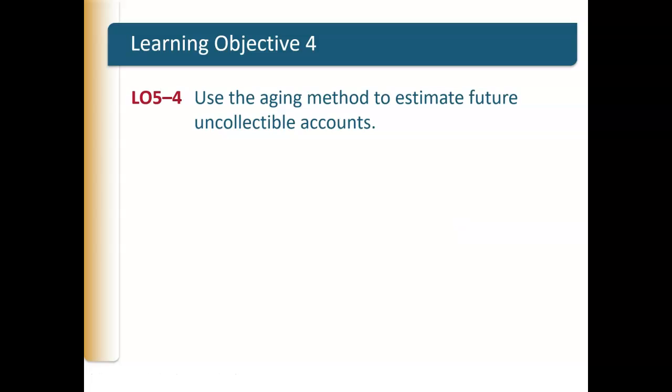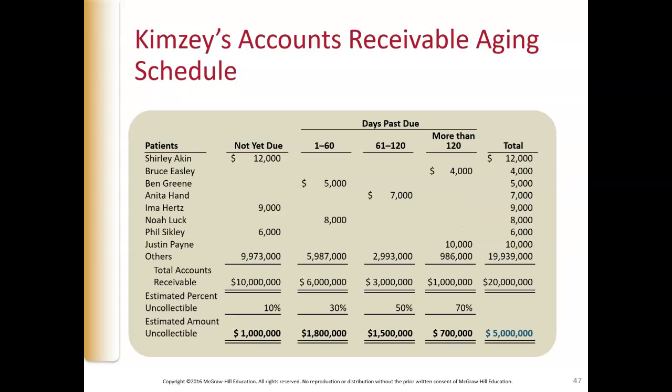Now, there's a couple ways we can determine what we expect our realistic allowance will be. There's another method called the aging method. The aging method takes what are receivables, and we break them down by those that are not yet due, those that are 1 to 60 days past due, 61 to 120, more than 120.